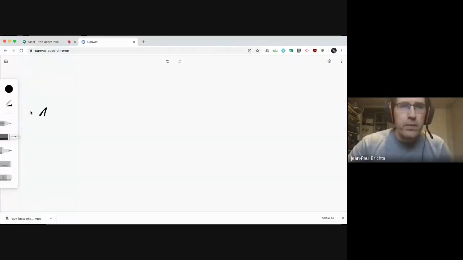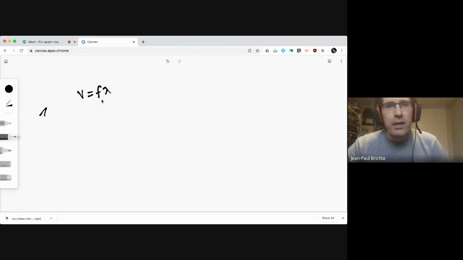And so in this case, I'm going to apply the universal wave equation, which is v = fλ. Now in this case, it says to calculate the speed of sound. So speed is still v, just like it has been since the beginning of the course. f is the frequency of the sound.